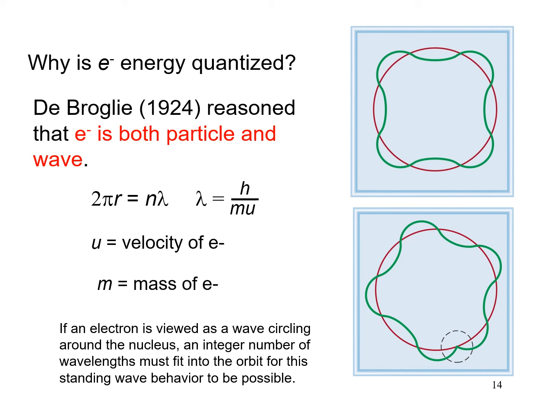So if you look at the top part of this figure versus the bottom part of this figure, that becomes a lot clearer, because we can see that an integer number will fit nicely into this electron orbit, whereas a non-integer number would not.